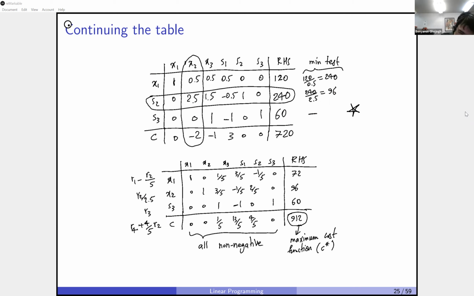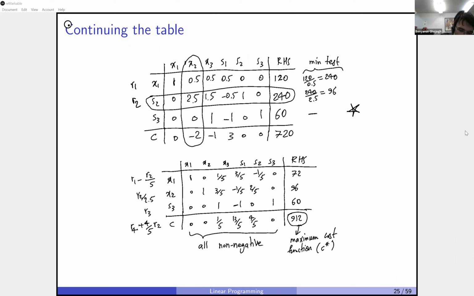Using elementary row calculations, what do I do? I say, okay, now I have this. So I want this pivot value to become 1, and the rest become 0. What do I do now? For example, for this, I have R1 and R2. R2 is the pivot row.